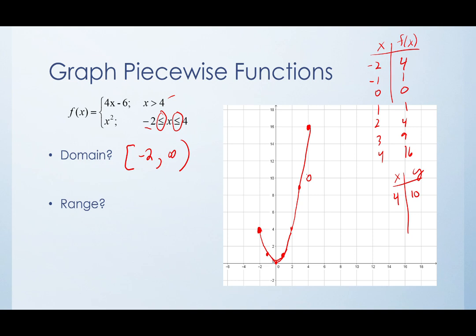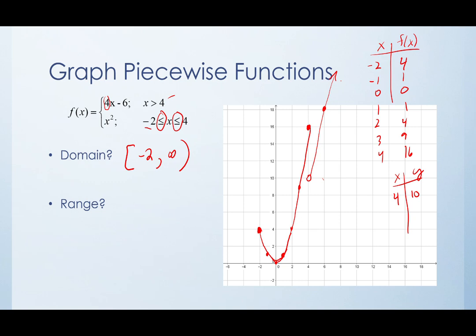And we know the slope on this is 4. So over 1, up 4, over 2, up 8, right? So this thing's pretty steep here. There we go. There's the rest of our plot.